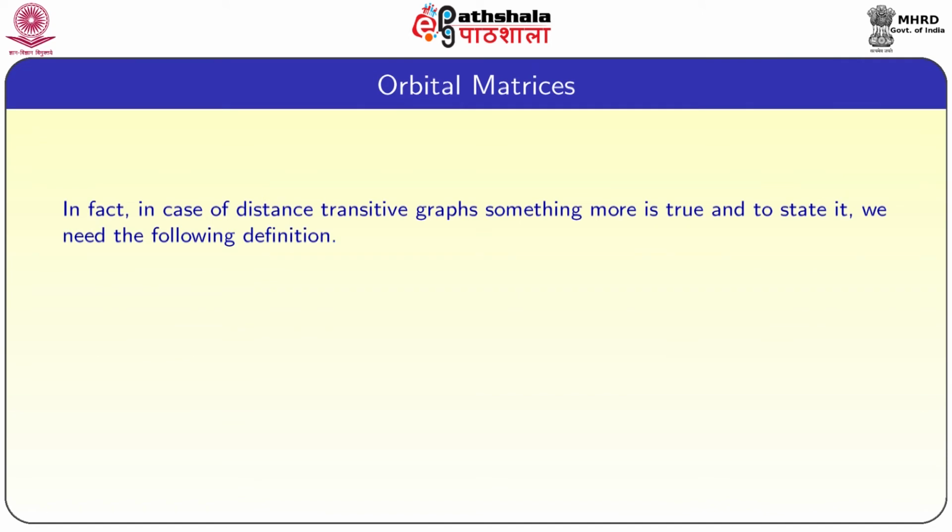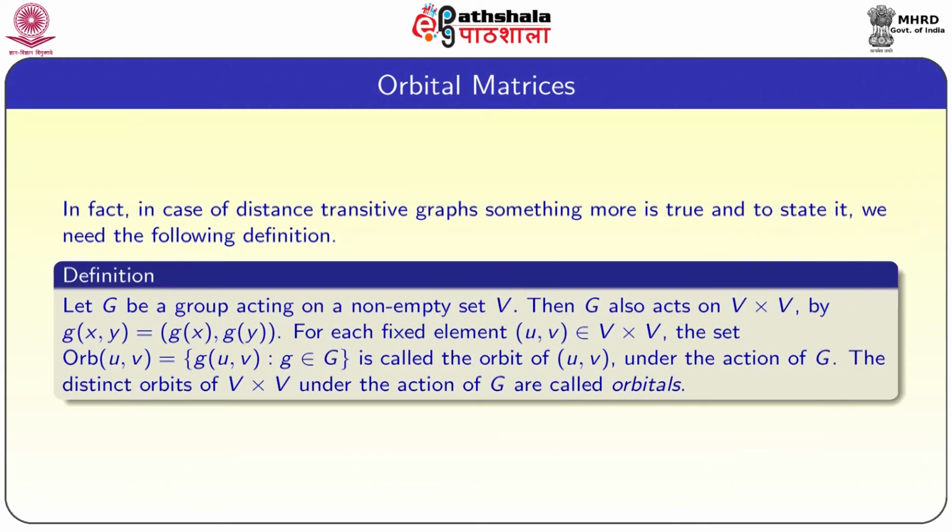In fact, in case of distance transitive graphs, something more is true, and to state it, we need the following definition. Let G be a group acting on a non-empty set V, then G also acts on V cross V by g(x, y) equal to (g(x), g(y)).